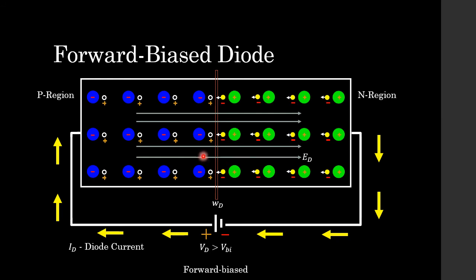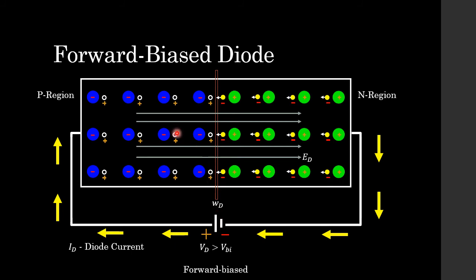Now, as we know, in the presence of an electric field, there's going to be a flow of charge. So our free electrons in the N region, which are the majority charge carriers, are going to start flowing in the opposite direction to the electric field ED and into the P region, and in the opposite direction of the diode current and into the positive terminal of the battery.